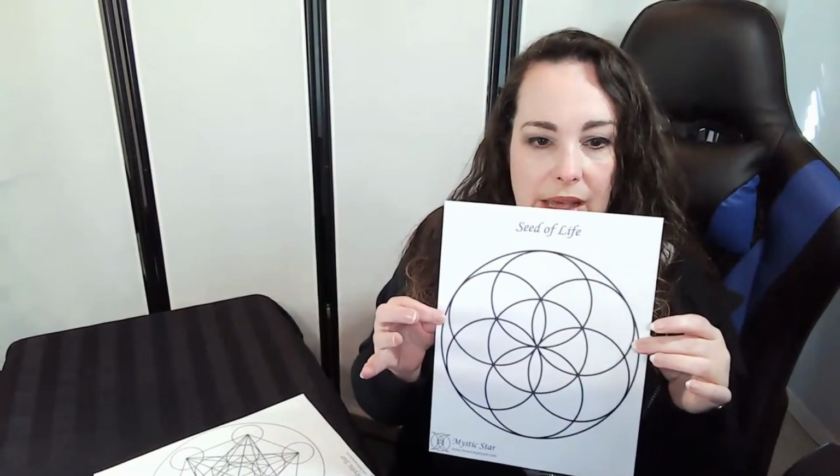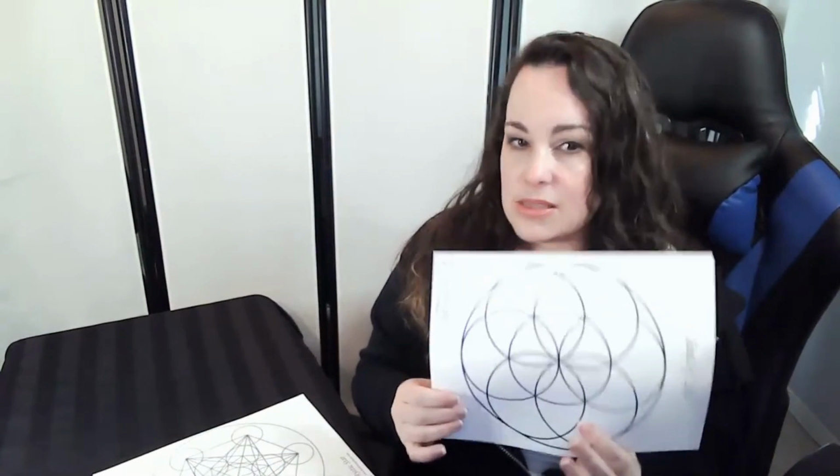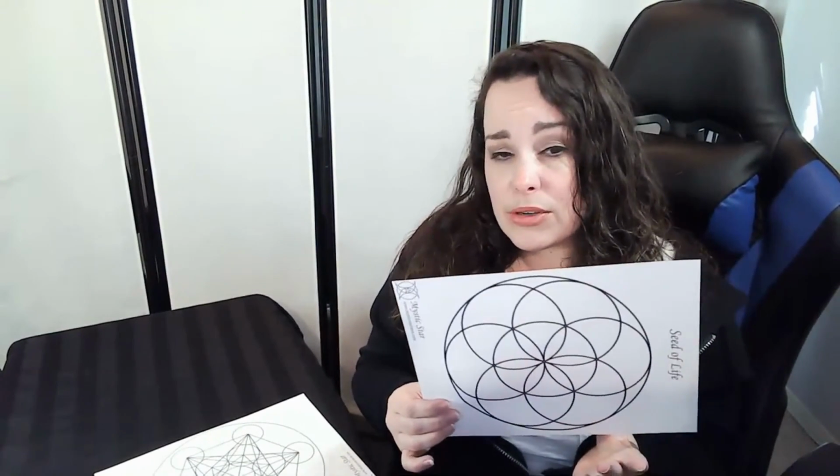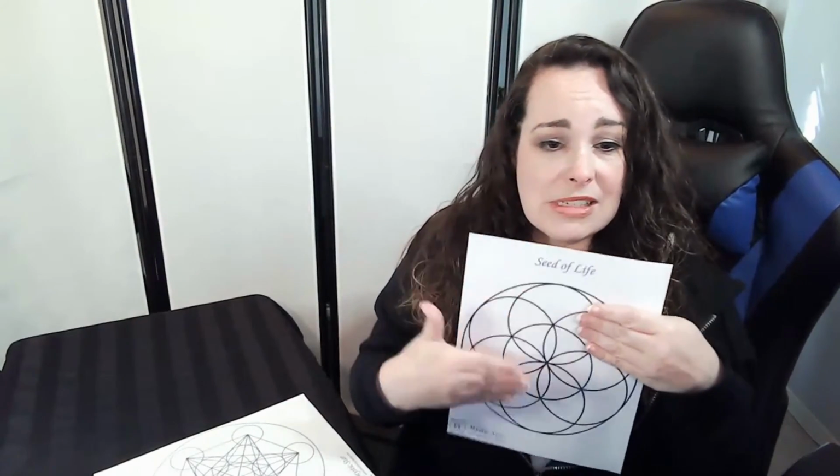This is just a normal 8.5 by 11 piece. You can even bring it down and make it smaller than this. Size does not matter. What is going to matter is how big your crystals are. You don't want a massive crystal on a small grid, and you don't want a tiny itty bitty crystal on a big grid. So you can decide what size you need.